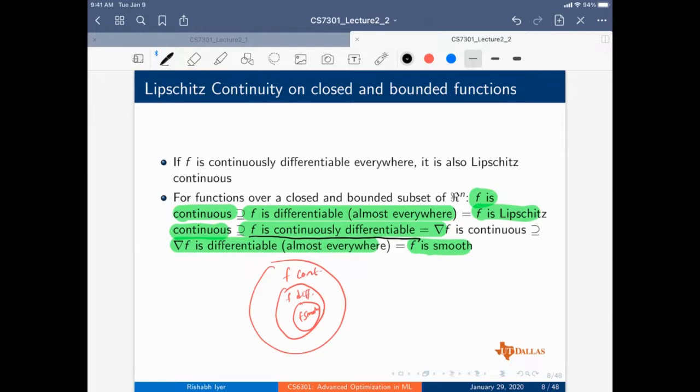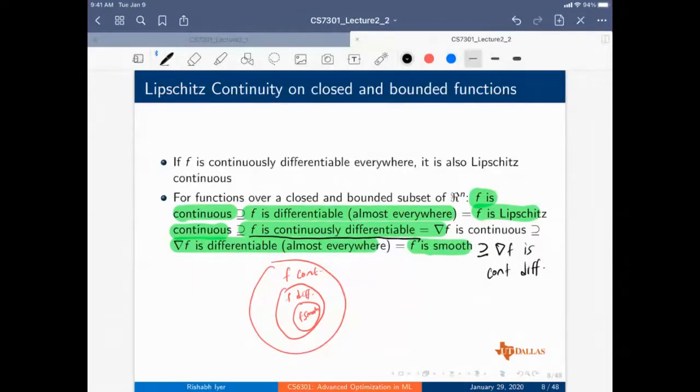So just the gradient of f being continuous is not enough. We want the gradient of f to be differentiable almost everywhere. There is one more even smaller set, which is f being continuously differentiable. This is not required for Lipschitz smoothness. We don't have to assume that the gradient of f is differentiable everywhere. All we require is that the gradient of f is differentiable almost everywhere.